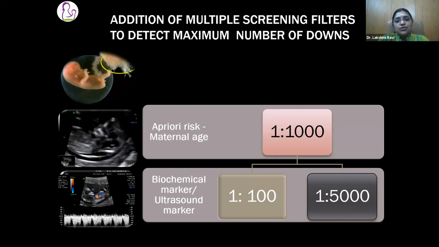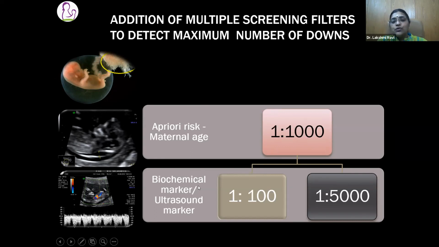Then what are we trying to do in screening now? You're trying to detect the maximum number of Down syndrome cases by adding more and more filters. So you do serum biochemistry, you take biochemical markers, you look for the nuchal translucency, you add one more marker, and then you know her a priori risk, that is her age-based risk.